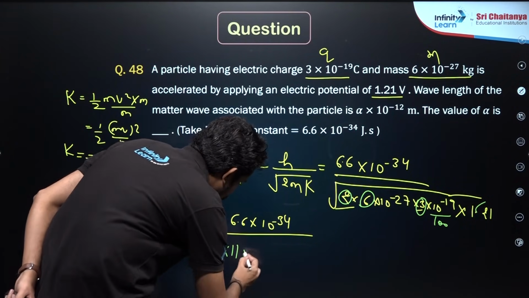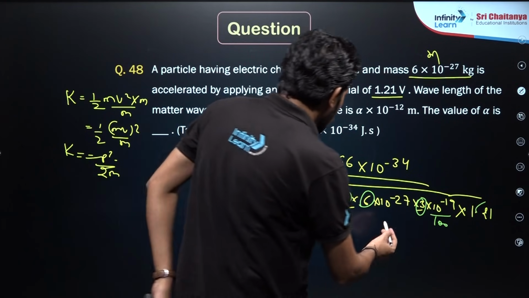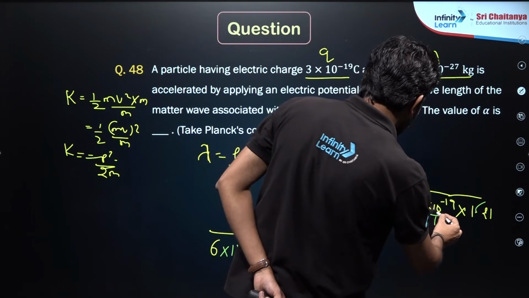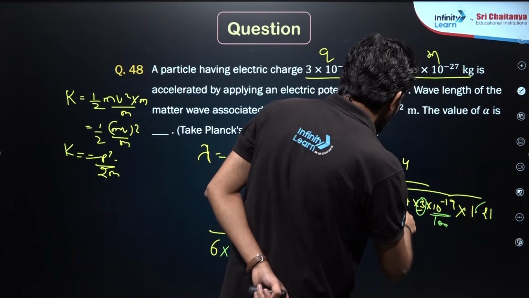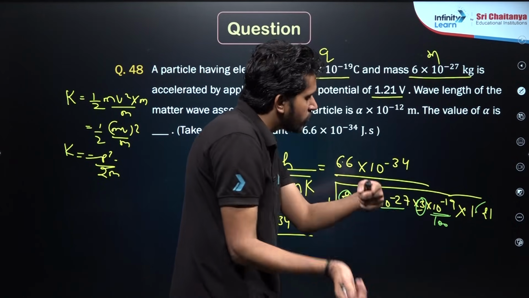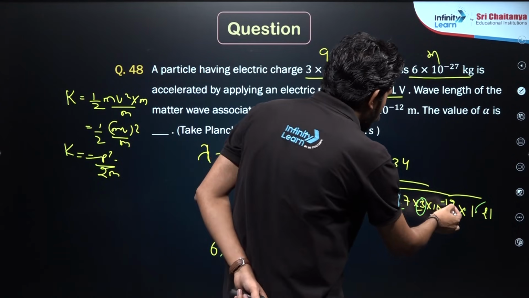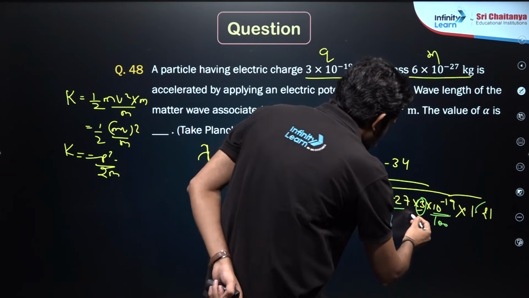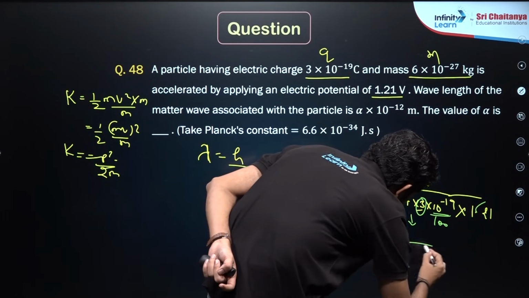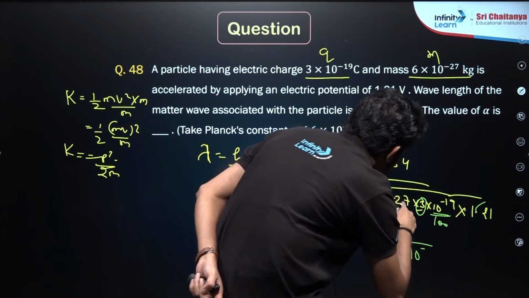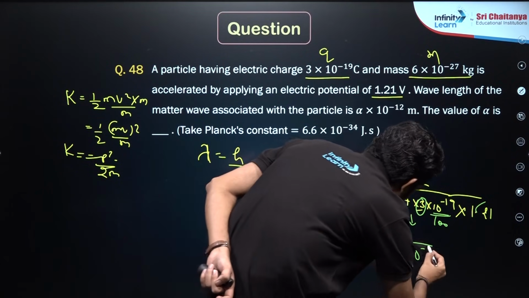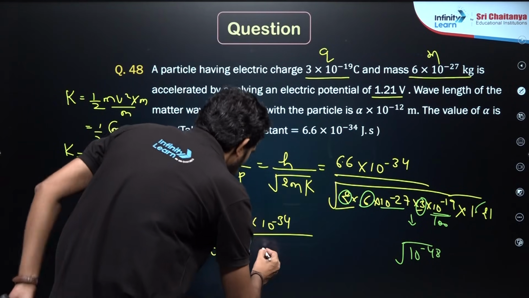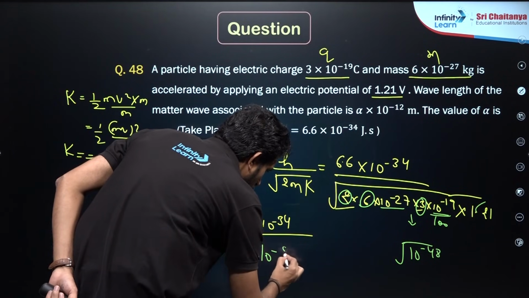Okay, so now we are left with 10 raised to minus 27, 10 raised to minus 19 and 100. So this will also give 10 raised to minus 2. So 10 raised to minus 21 plus 10 raised to minus 27. So this value is left, 10 raised to minus 27, 28, 48. So 48 means 10 raised to minus 24. Minus 24.